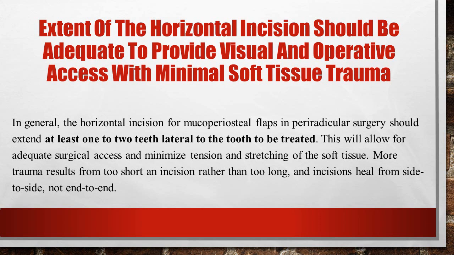So your vertical incision should be at least on the distal side of the maxillary right canine, and the other vertical incision should be at least on the mesial side of the left lateral incisor or the distal side of the left lateral incisor. It's a little confusing when it is said in words. So when we meet in the clinics, giving a pictorial representation will be much easier.